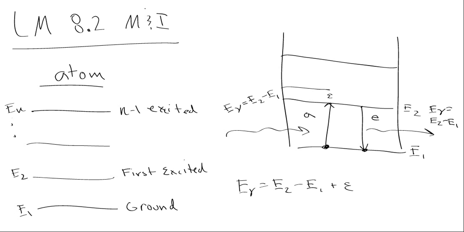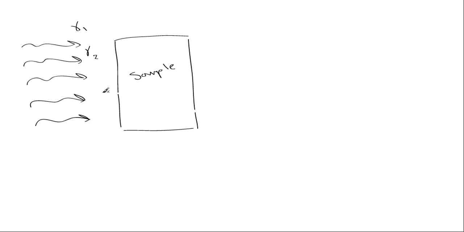Okay, so one consequence of this experimentally is that we can measure what the absorption or emission spectrum of some material is. So to do this, we imagine a sample of material of many atoms, and then we shoot it with some range of light energies. So as we shoot this with different energy photons, gamma 1, gamma 2, etc., down to gamma n, then any photon which matches the energy level of the atoms in this sample may be absorbed.